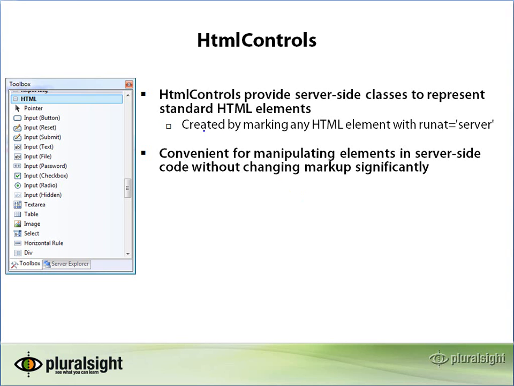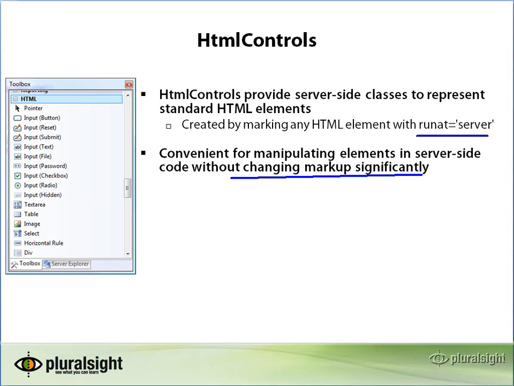So whenever you take a standard HTML element on your page and mark it with the runat="server" attribute, and you can literally do this to any HTML element on your page, you can walk up to an anchor tag or an input element or an H3 tag or a span or a div, and you can put the runat="server" attribute on that control, give it an identifier, and then you have a server-side object with which you can interact with a control, change its content, handle events, etc. So it's a convenient way of manipulating server-side presentation, server-side element content, without significantly changing the markup.